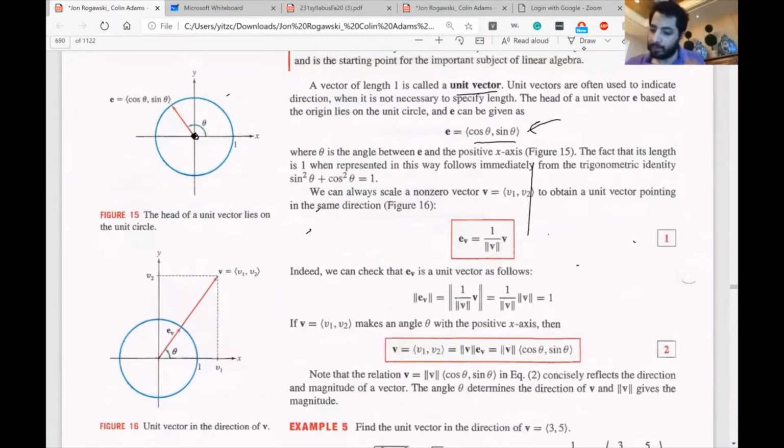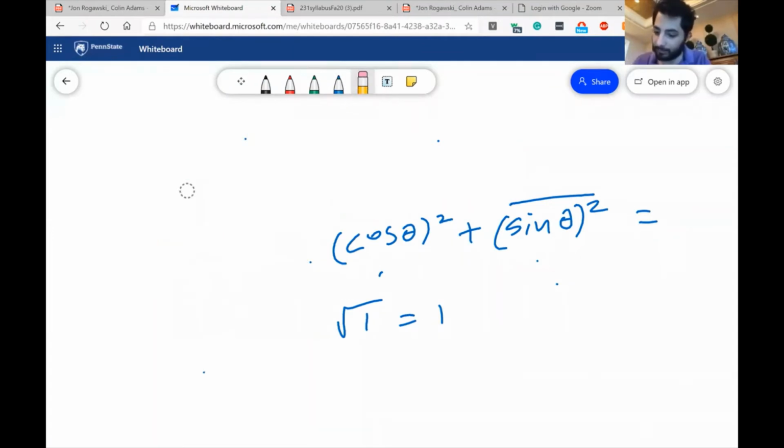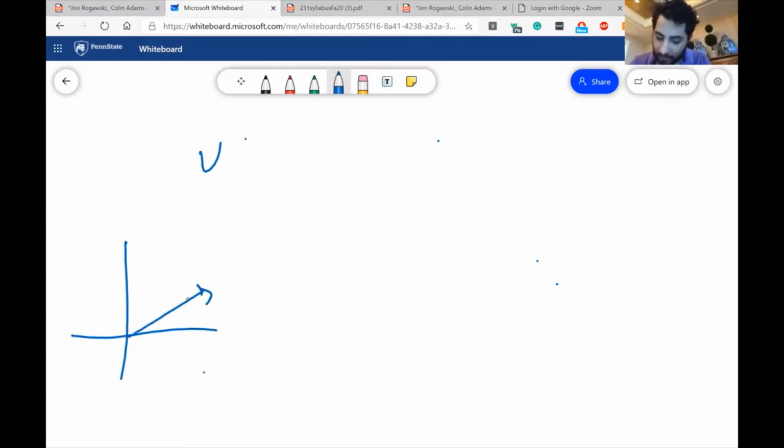So in general, if you have a vector v, so let's go back here. If you have a vector v, and let's say it's this vector, and you want to find the same vector as the vector v, pointing in the same direction, but with 1 for the length.